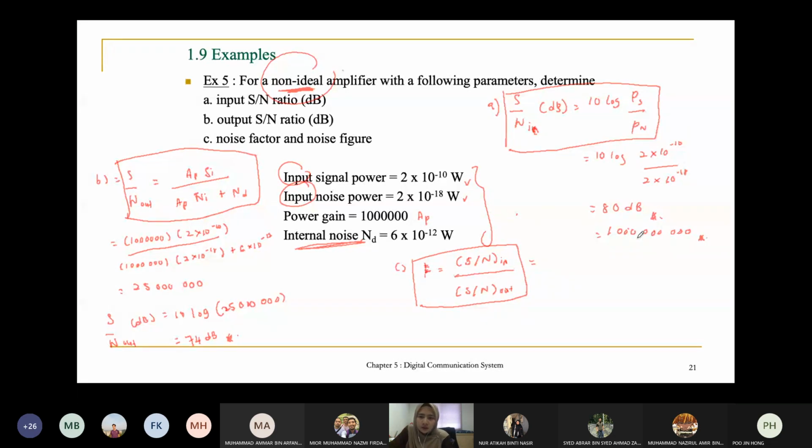Boleh try calculate yang ni tadi. Dapat 4. The answer for this one is 4. Okay, correct. If you divide this value with 25 million, you will get equals to 4.